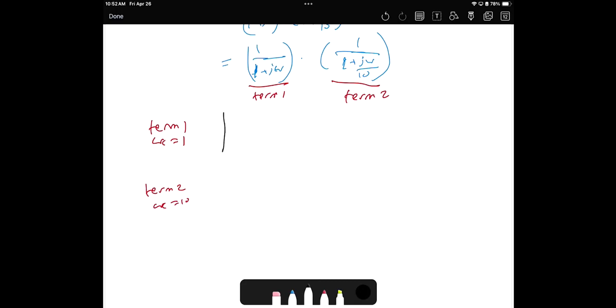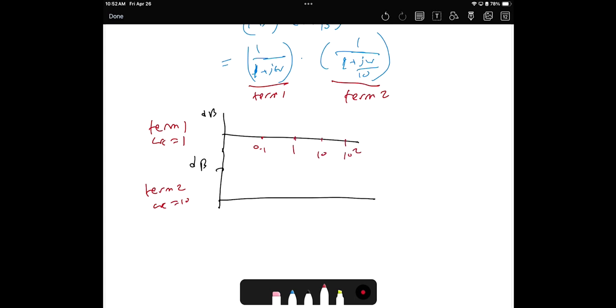So in order to do the magnitude of term 1, and here's the magnitude for term 2, let's see, 0.1, 1, 10, 10 squared, then the same thing here, 0.1, 1, 10. So all of them are false.